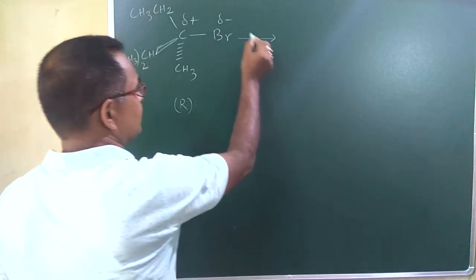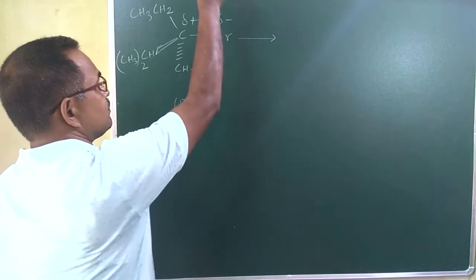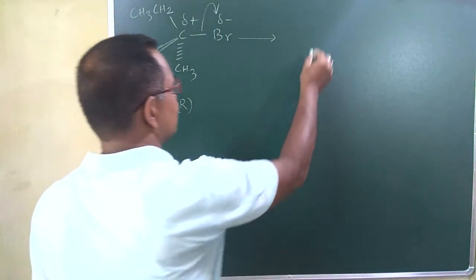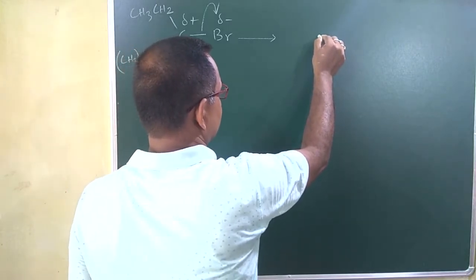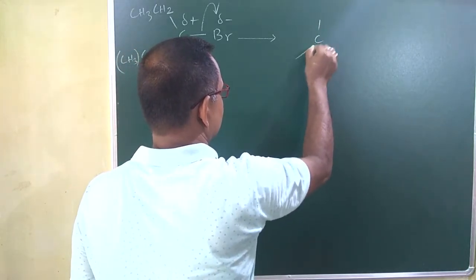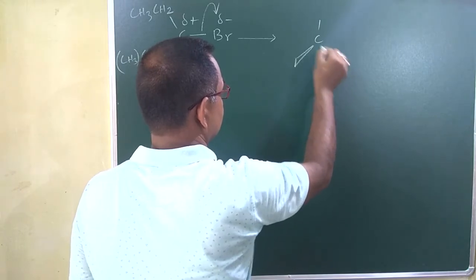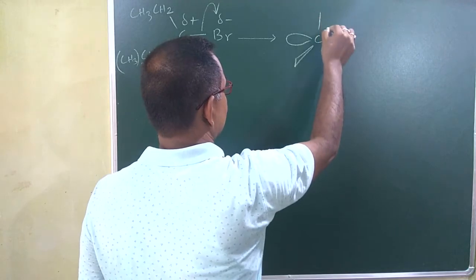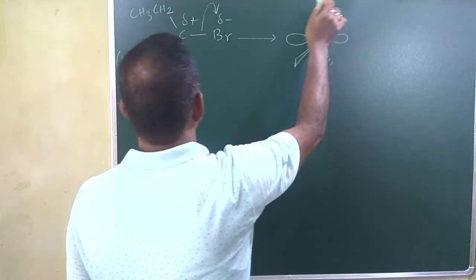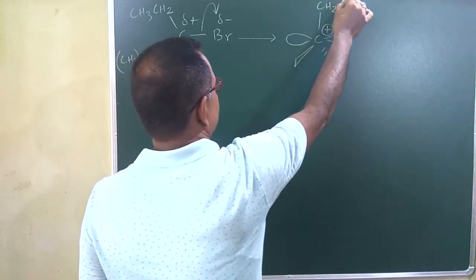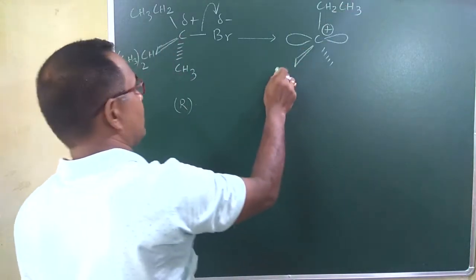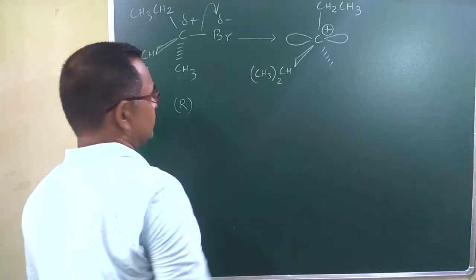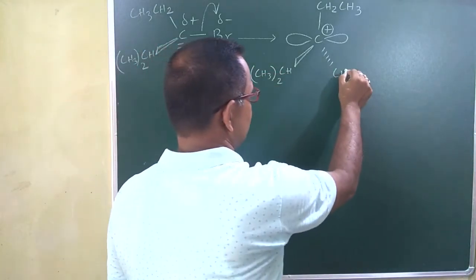In the first step, what will happen? There is heterolytic cleavage of the C-X bond. As a result, we get a carbocation intermediate. There is ethyl group here, isopropyl group at this position, and this is the methyl group.